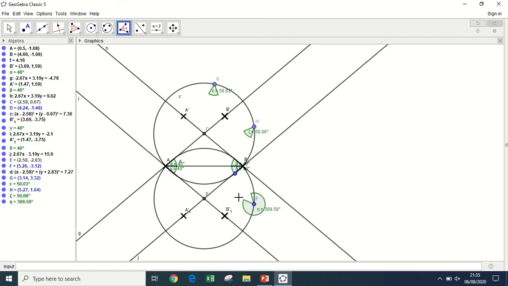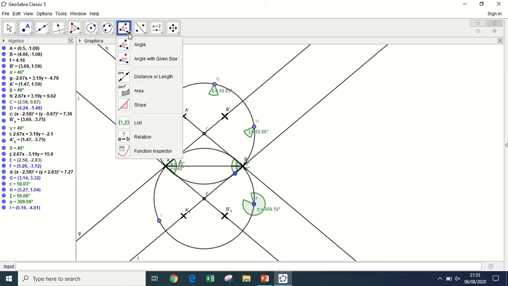I think this particular program measures angles only in one direction, and therefore the angle we're looking for is the remaining bit here. Just take any other point like that one there, and you can take the angle this way from B to that point, I think it's I, and then to the point A.